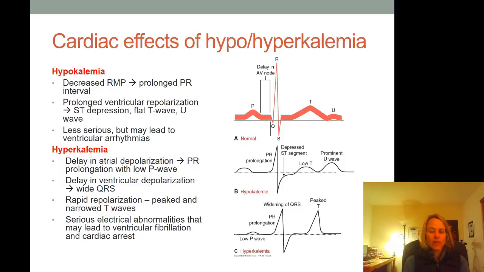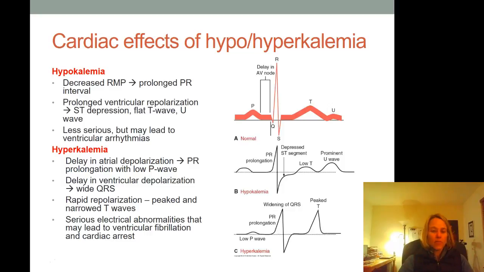Okay, as I mentioned, some of the most serious effects of potassium imbalance are on cardiac muscle cells. With hypokalemia, we see a decreased resting membrane potential. If you think about a resting muscle or neuron, potassium is leaking out of that cell down its electrochemical gradient. Now, if the extracellular fluid potassium is lowered, this is going to create a greater gradient and more potassium is going to leak out.